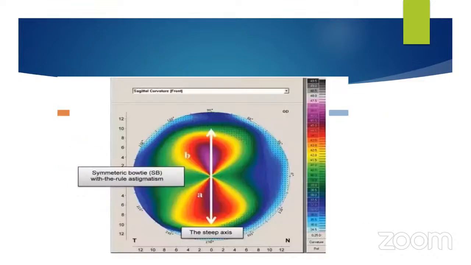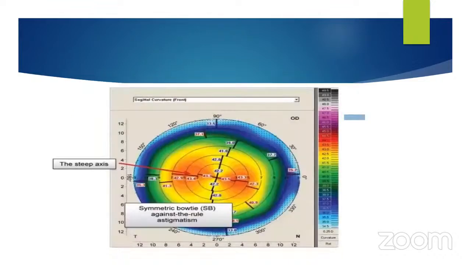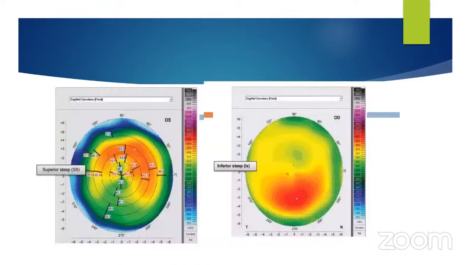So this is a symmetrical bow tie pattern with the rule astigmatism. This map shows the symmetrical bow tie against the rule astigmatism. This is the superior steepened pattern. This is the inferior steepened pattern.